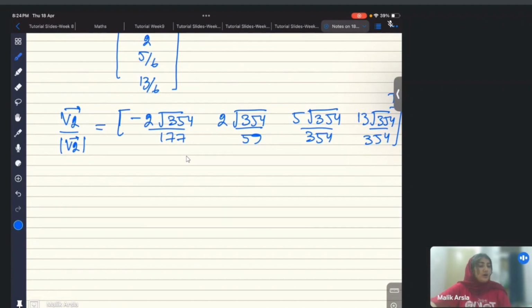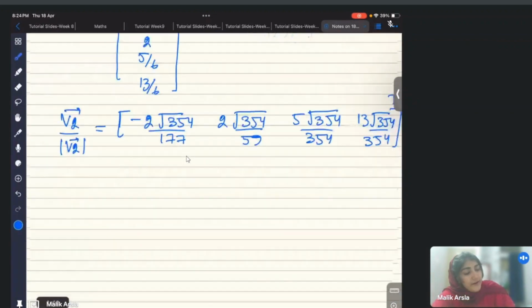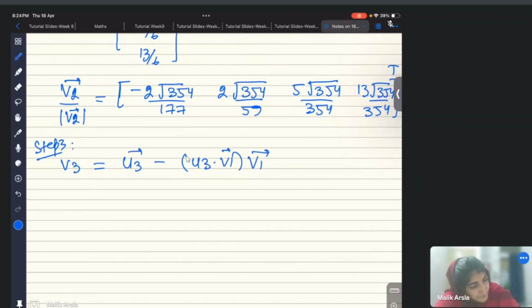Now moving to the third and the last step, for this u3 vector, we will find a v3, which will be equal to u3 minus projection of u3 along v1, and minus projection of u3 along v2.